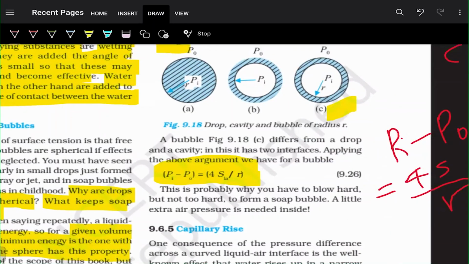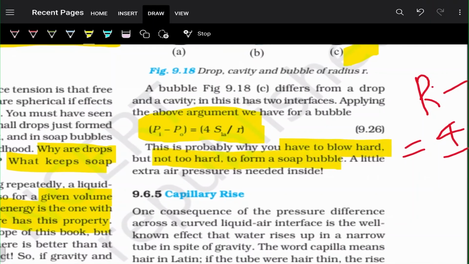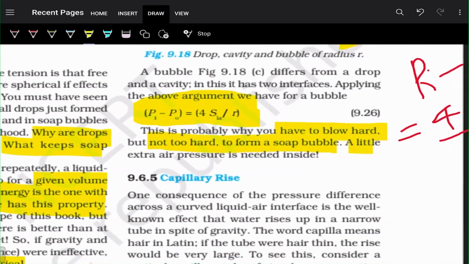Correct. This is probably why you have to blow hard, but not too hard, to form a soft bubble. A little extra air pressure is needed inside.